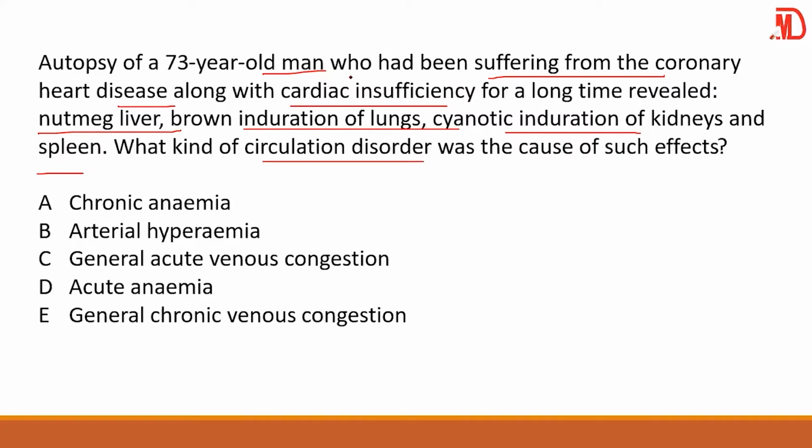Now, they've already told you that there's a problem with cardiac insufficiency. If you can remember nutmeg liver, we said when there's congestion, then we have nutmeg liver. If you remember our last tutorial, that's what I said. So with a nutmeg liver, you are thinking of venous congestion.